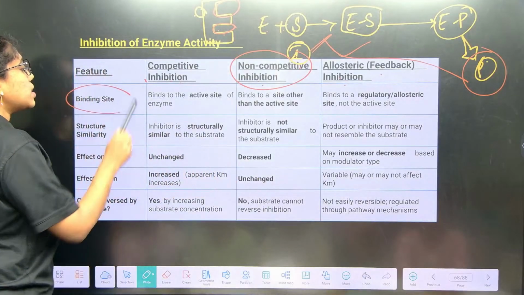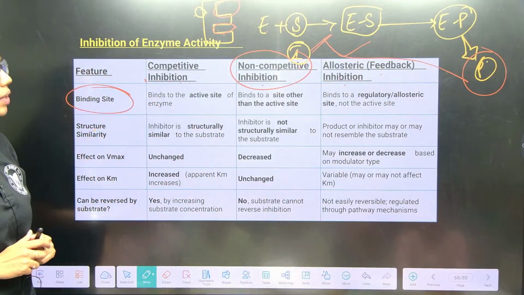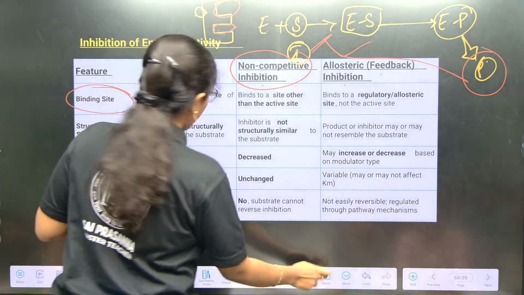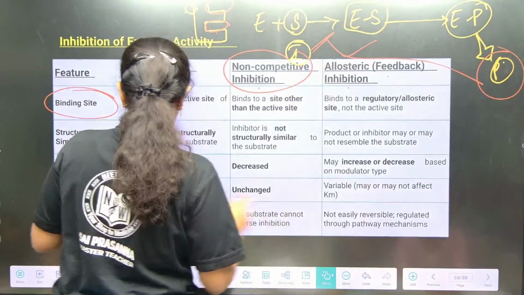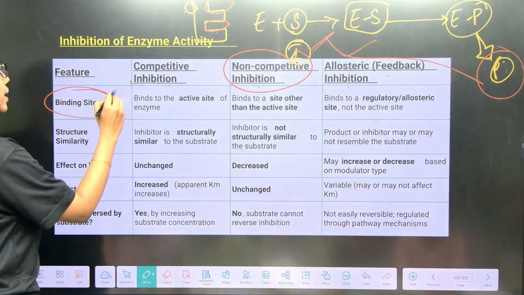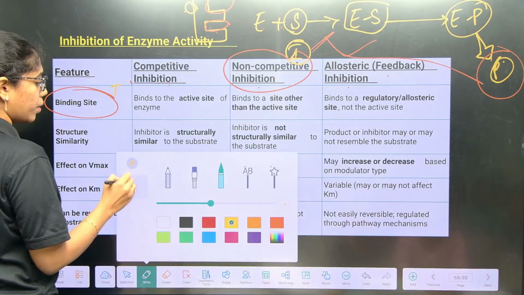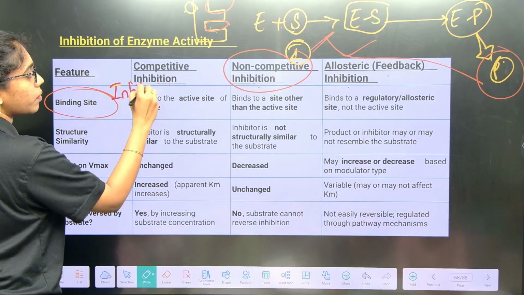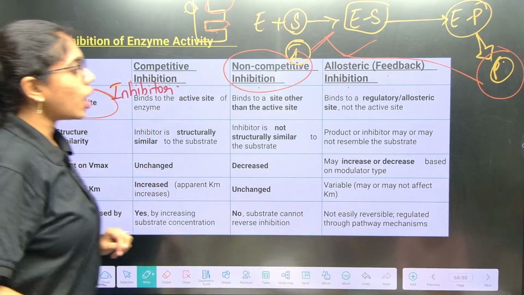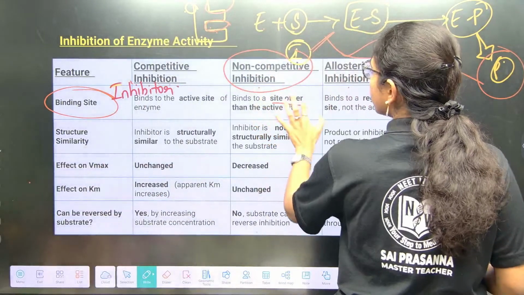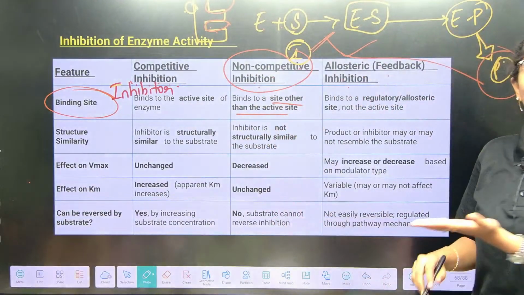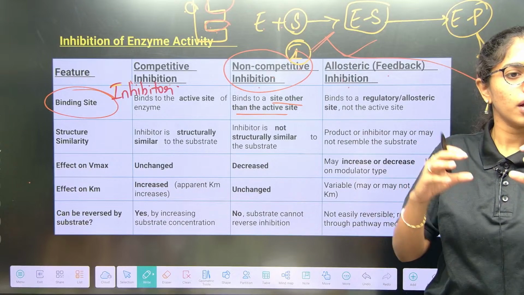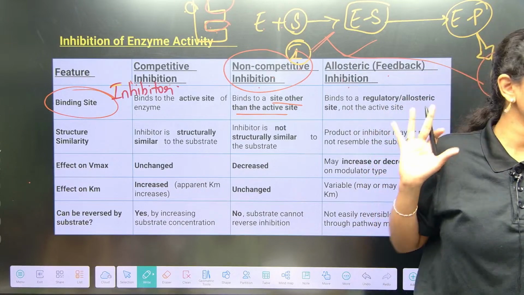Look at here, first, binding site. In competitive inhibition, what happens? The inhibitor will bind to the active site. Very good. In non-competitive inhibition, it binds to a site other than the active site, and it will make the active site unfit, so that the substrate will not bind to the active site.